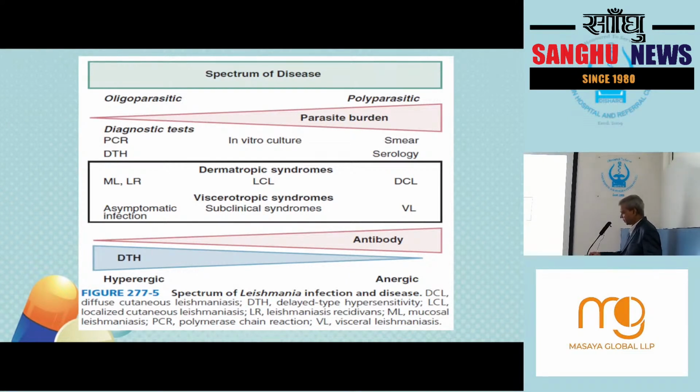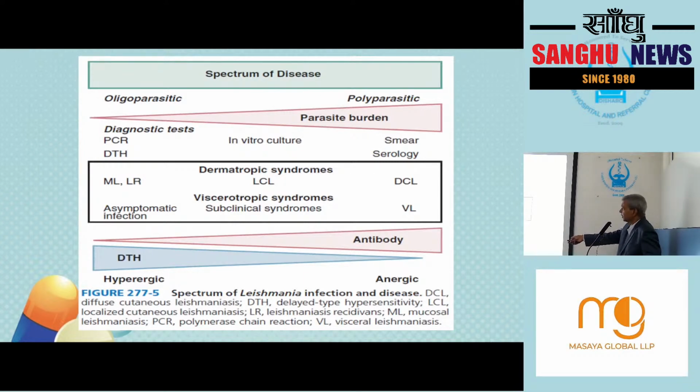At one pole, the host is hyperergic with delayed hypersensitivity, and the parasites are very few. At the opposite pole, there is less cell-mediated immunity, so there are more parasites, multiple, and so there is formation of antibody.